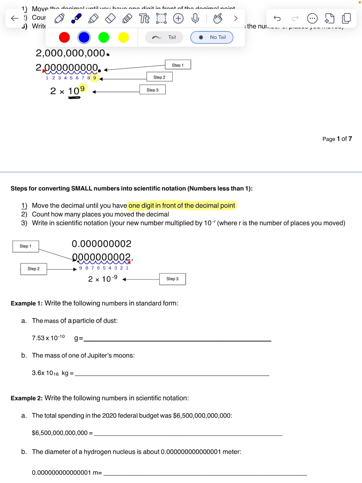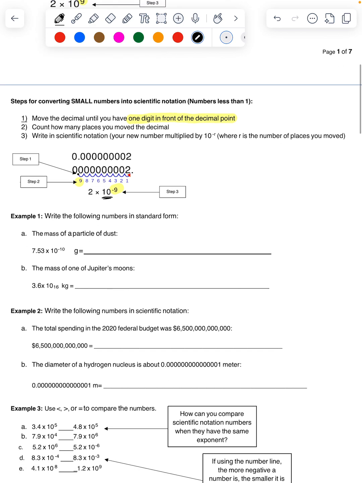So since we're moving the decimal to the right, it's actually going to be negative r. So this time I moved the decimal again 9 times, but this time I moved it to the right. So it's 2 times 10 to the negative 9. Again, the 10 didn't change. It's always going to be 10 there.